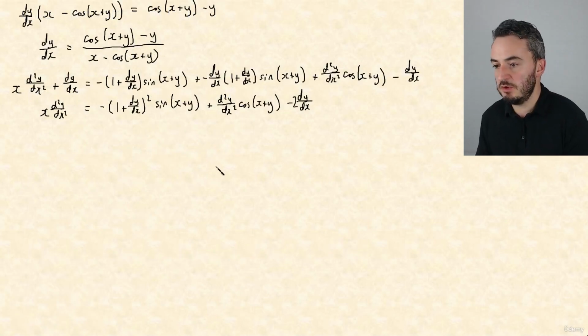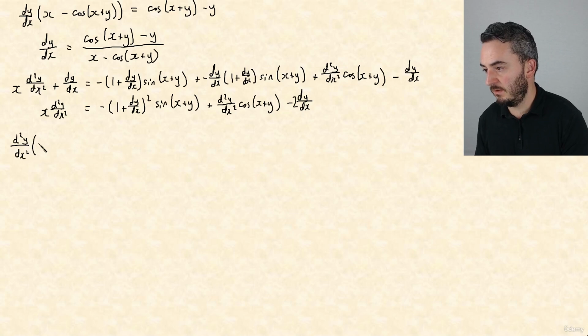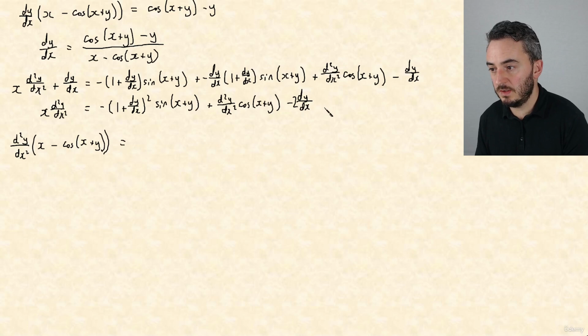Giving ourselves a little more room, we're almost in a position to get something pretty useful here. Let's get the d²y/dx² terms over onto this side and factorize. So d²y/dx², and I've got x of them here, and then minus cos(x+y) of them here. And over on this side, not much I can do with that just for now, although I do see it's two negatives here.